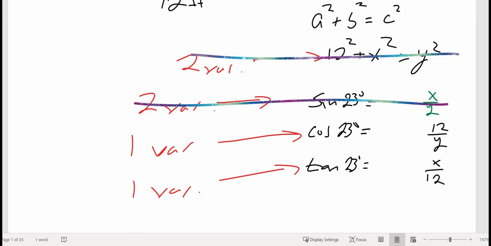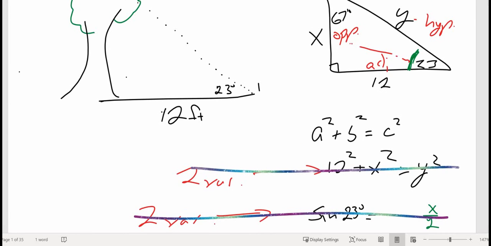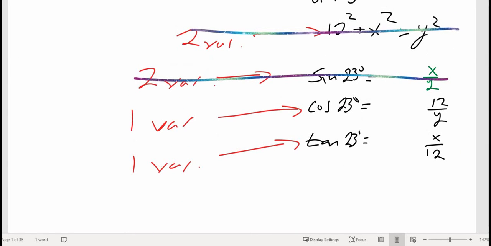Okay? Which one is the one I'm looking for? So yeah, so why would I want to know this one? Oh, so tangent of 23 equals x over 12. That's the equation that I want to use to solve this problem. So don't think there's some magic, you always know when to use what.